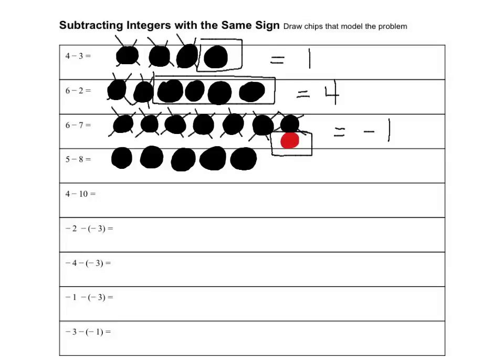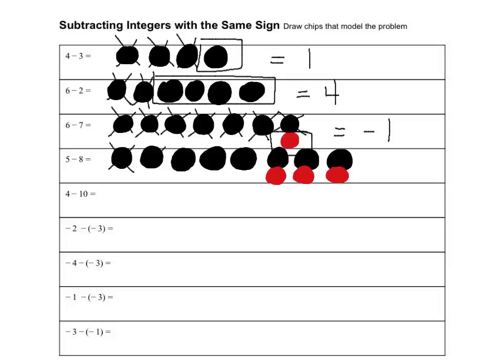But because we need to be able to take away 8, I actually need to add 3 sets of opposites. So I add 3 sets of a black and a red, because those technically equal 0. So I have not changed the amount that I have on the board, but it does give me the additional black chips that I need to be able to cross off.